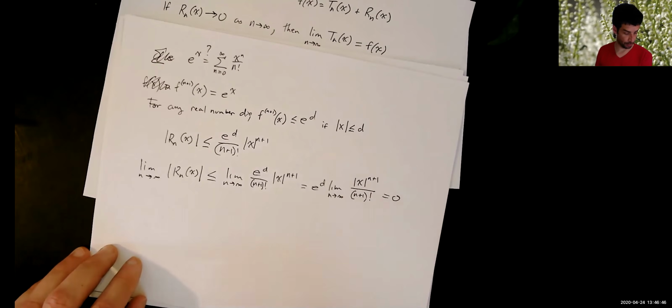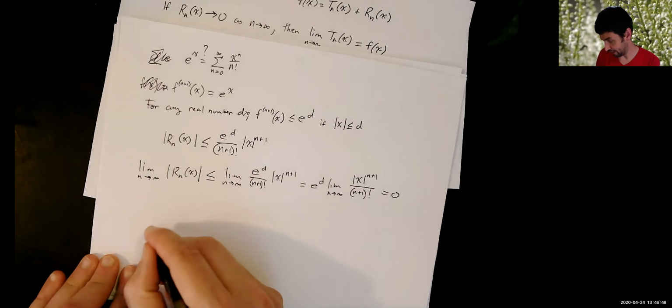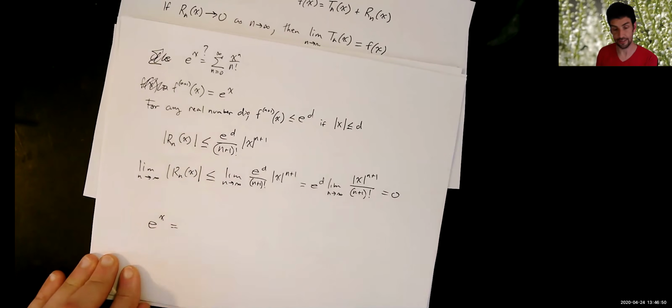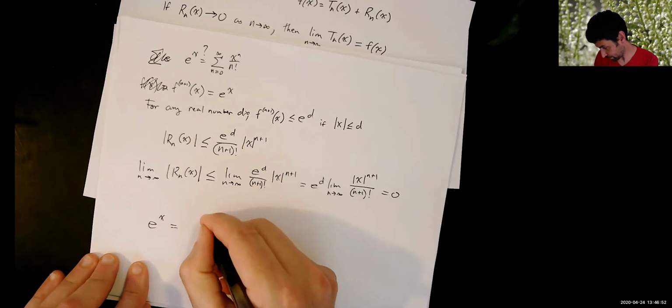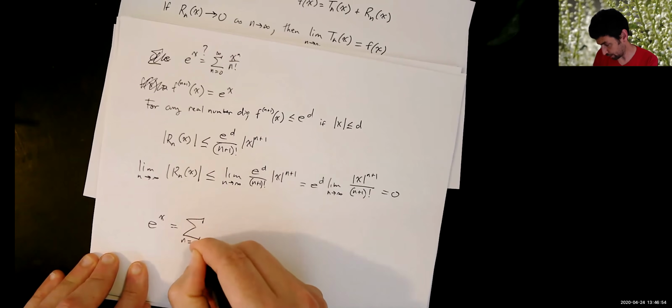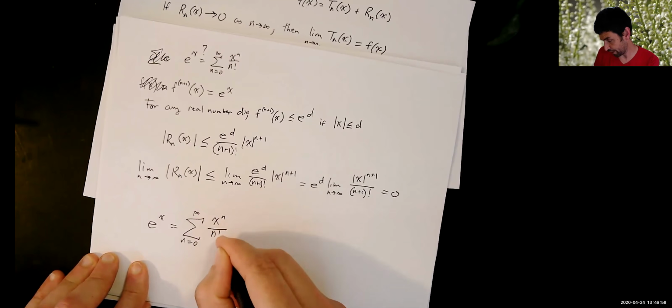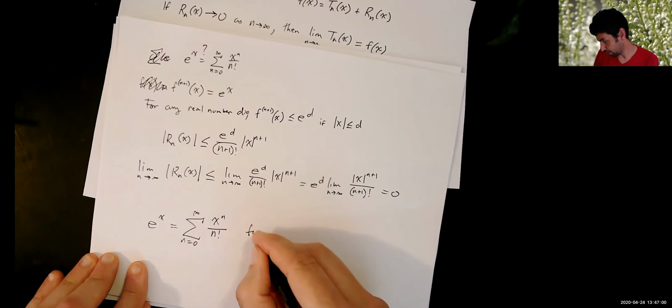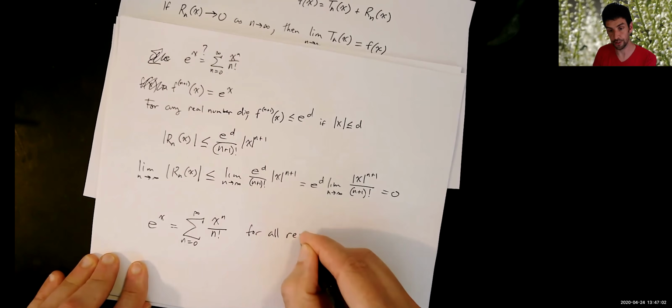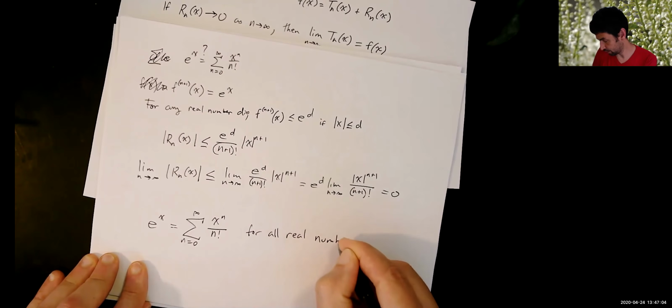In other words, what we can now say is e to the x is equal to the sum from n equals 0 to infinity of x to the n over n factorial for all real numbers.